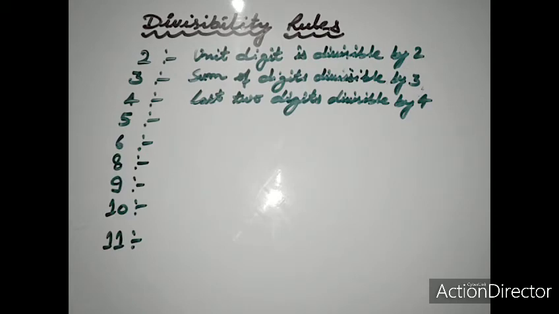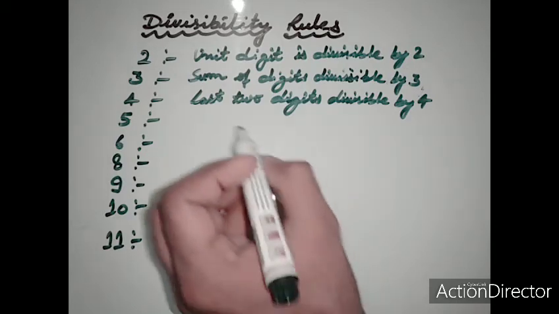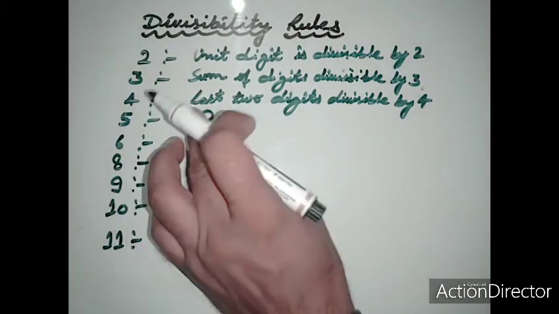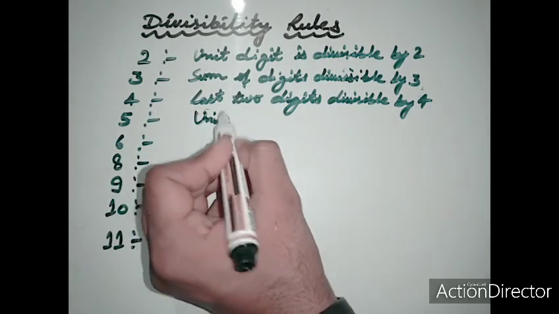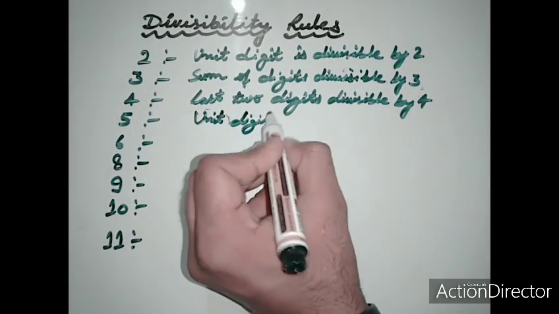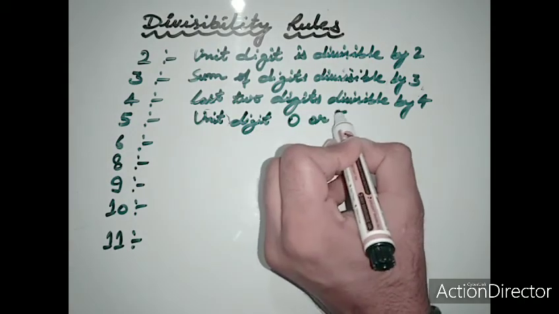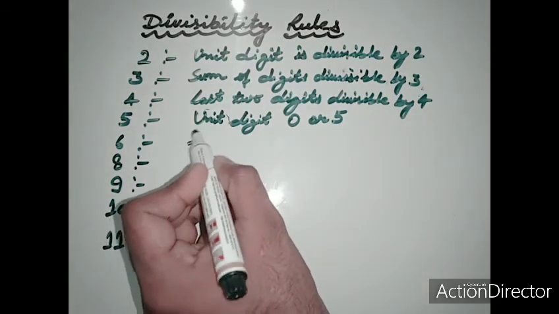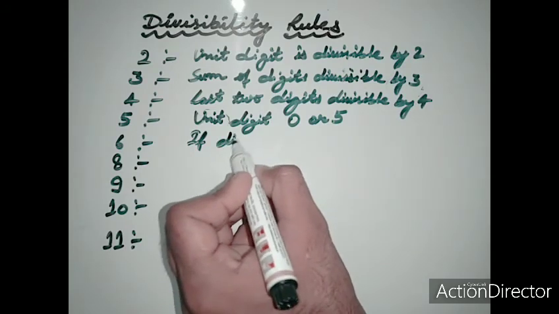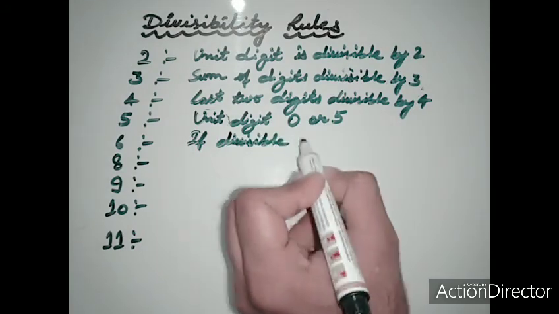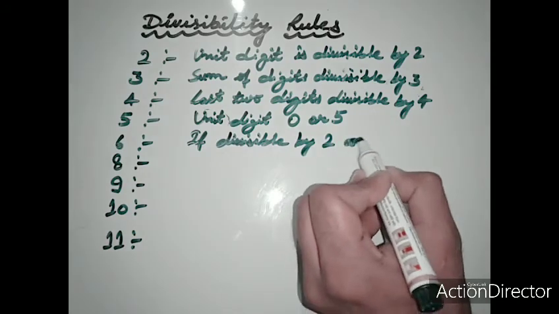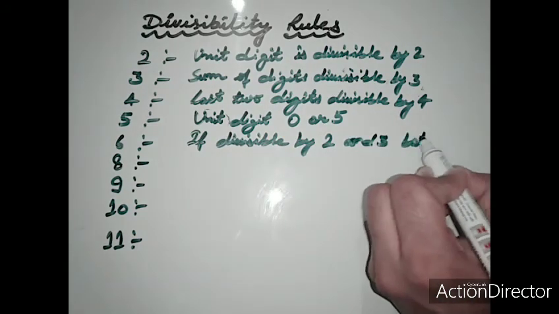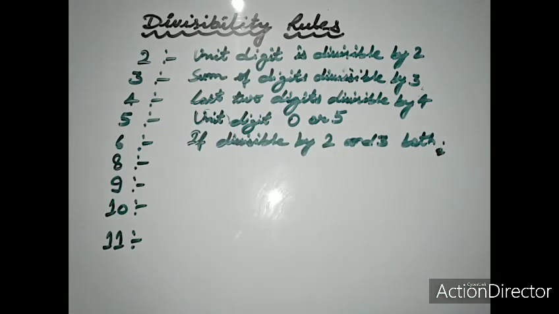Now divisibility rule of 5. If the unit digit is 0 or 5, the whole number is divisible by 5. Now divisibility rule of 6. If the number is divisible by 2 and 3 both, right, 2 and 3 both, we say that the whole number is divisible by 6.